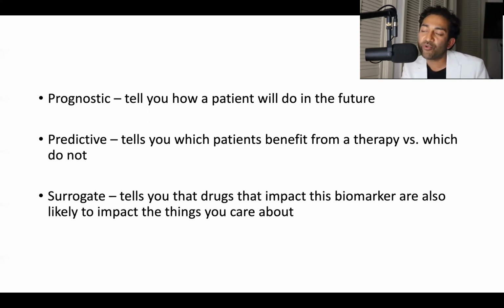They tell you that if you're HER2 positive, you benefit from certain classes of drugs that simply don't work if you're not HER2 positive. It is a predictive biomarker. A surrogate endpoint or biomarker tells you that drugs that impact this biomarker are also likely to impact things you care about. It really is the regulatory hurdle and question, and it requires that special type of validation that I've described to you now twice with that scatter plot.